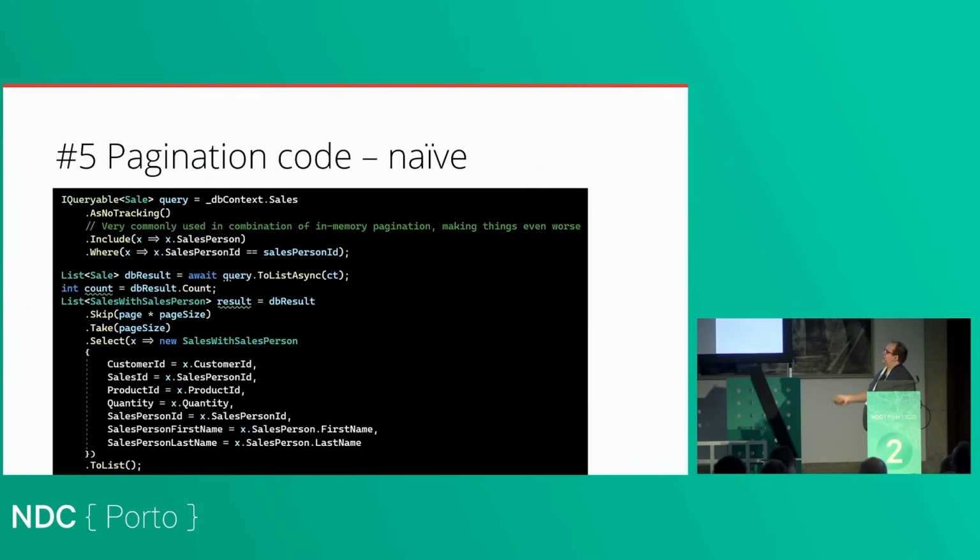What usually happens is they're fetching all of the data with the filter they need to apply. And I was like, why are they doing that? Because they're trying to count how many items there are in total. And then they apply pagination in memory.